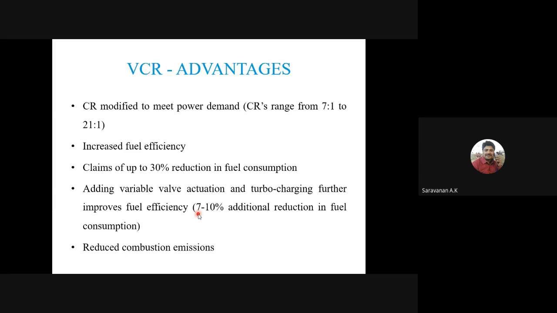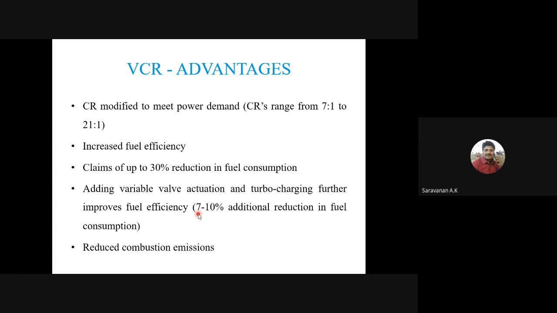Generally, why do we use the superchargers and turbochargers? They give more air to the combustion chamber. More air means more oxygen, so the fuel will mix with the air present in the combustion chamber.